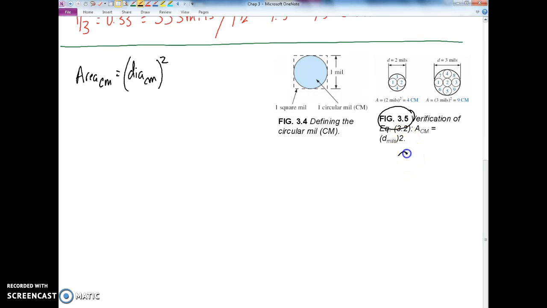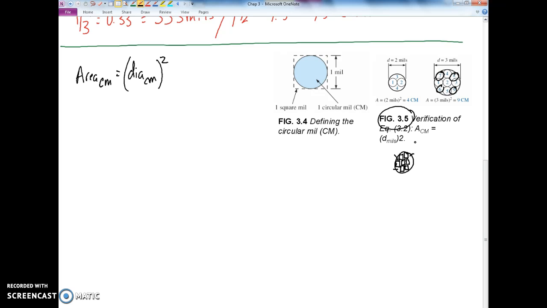Rather than taking that cross-sectional area in square inches, you're actually measuring it as a series of squares. Somebody has said that as a result, we can account for more of this area. If we use circular mils, you kind of lose this area here if you do it with squares. Supposedly that's the reasoning.